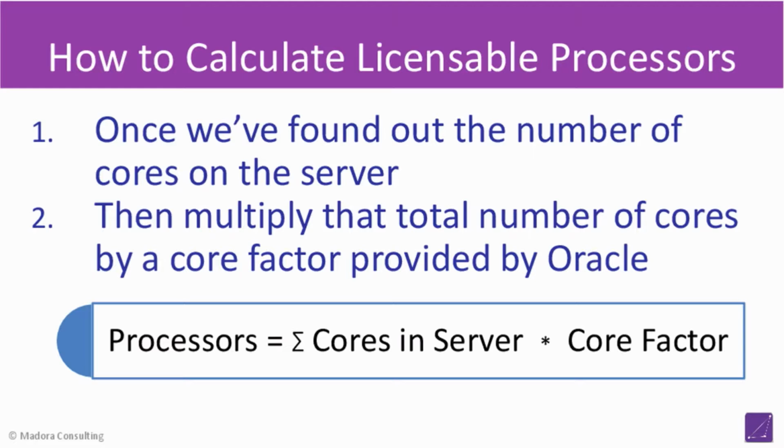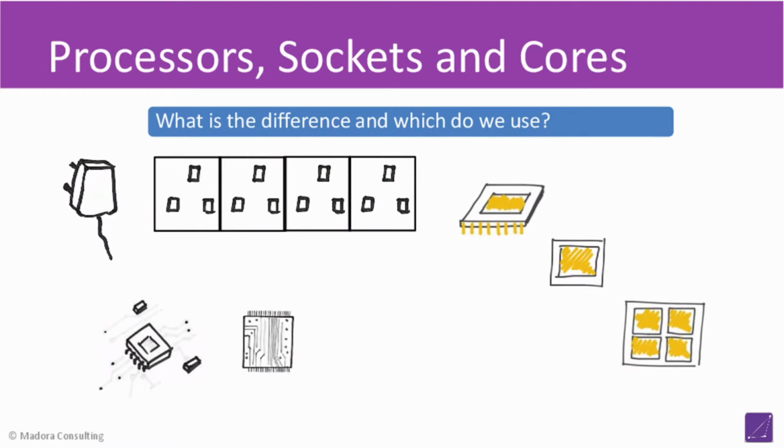But as you can see, our 2 dual-core server can have a license requirement of anything from 1 to 4, depending on what type of server it is. And that might not be always obvious, and it can be confused by different terminology. People talk about sockets, cores, CPUs, processors, and all sorts.